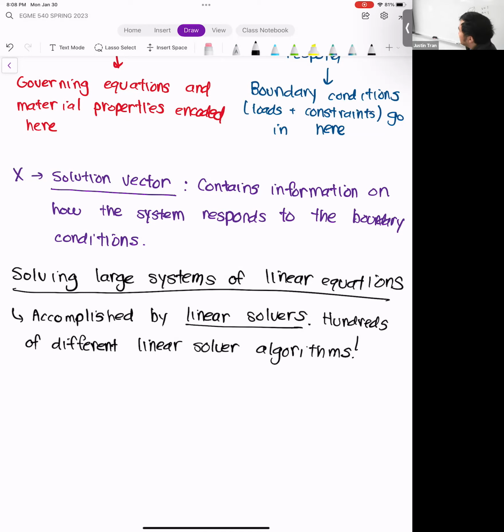And what's even more fascinating is that even today, it's still a very hot area of research. How can we write computer algorithms that solve a linear algebra problem faster and better? The reason is that for a well-constructed FEA code, when you hit solve and wait for the FEA to finish, it's going to spend 95% of the time during the linear solve.